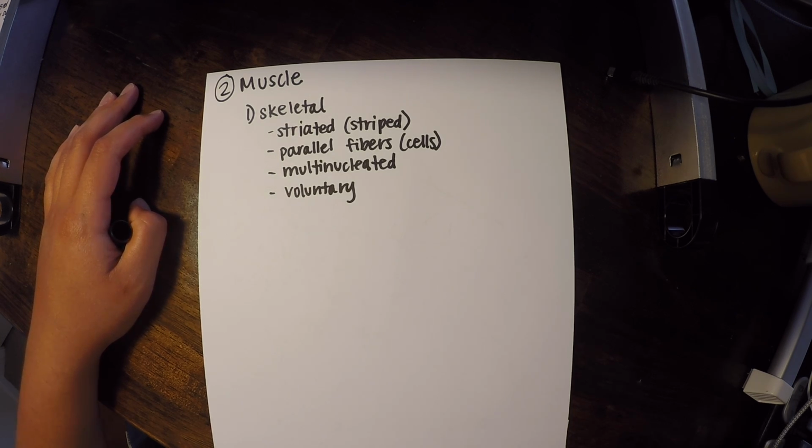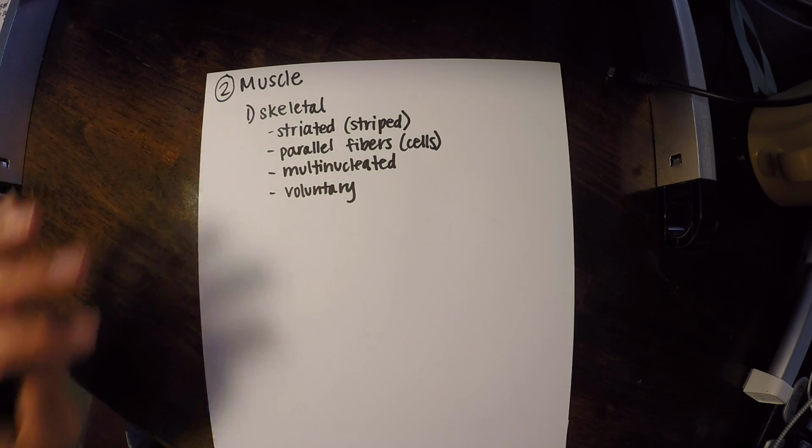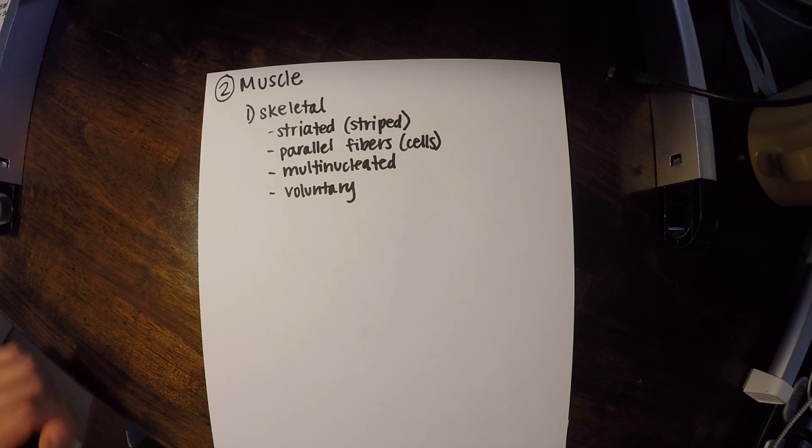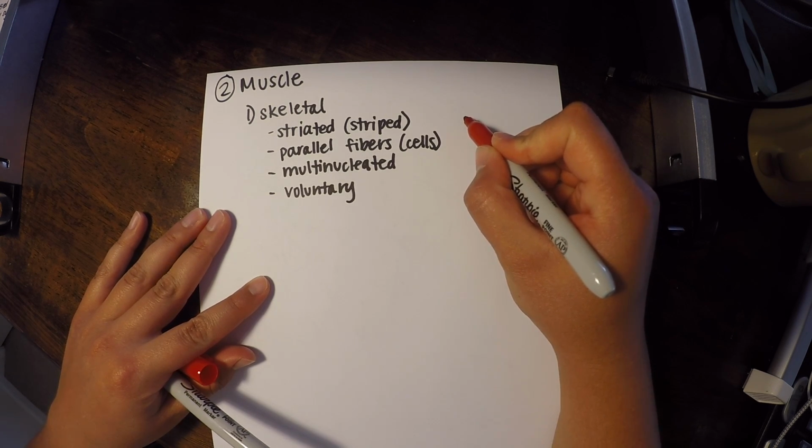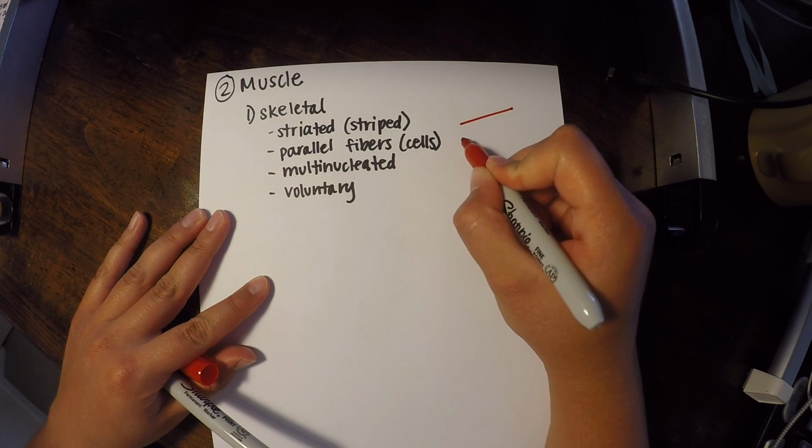That means it's voluntary. What involuntary means is you can't control when it activates, and an example of that is the cardiac muscle in your heart, which we're going to talk about in a moment. So let's first draw out a picture of skeletal muscle. Remember, it's going to be striated, so striped, so it's going to look like this.